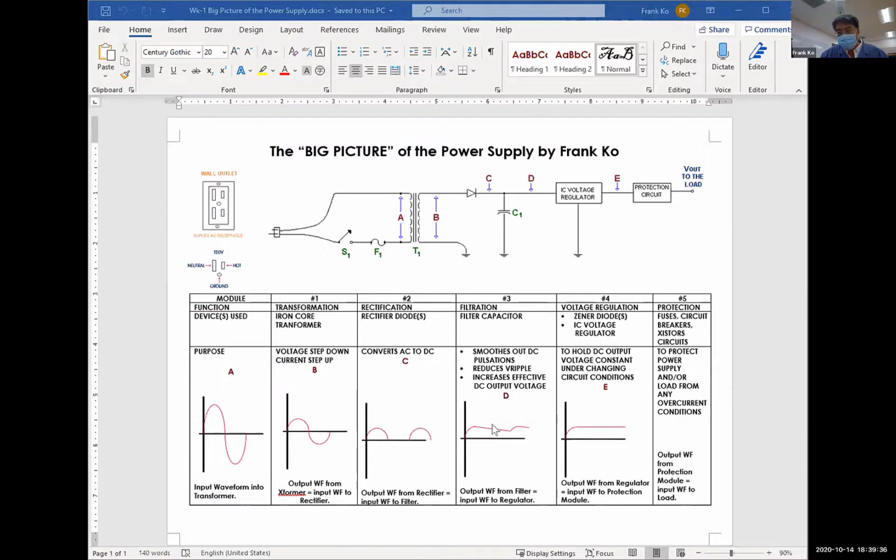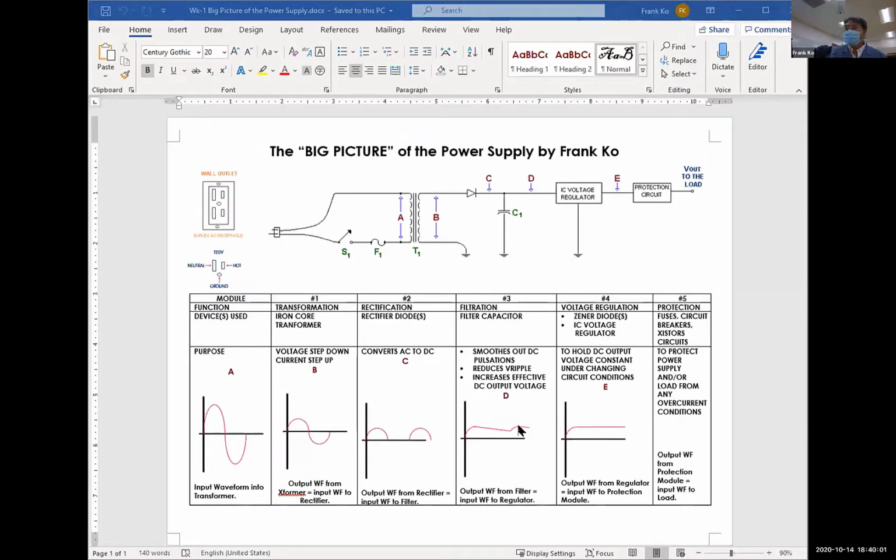If you take a look at the DC here, the DC would measure halfway between the peak and the valley. If the peak is here and the valley is here and the DC is right in between, wouldn't that be higher than in waveform C? Okay, that would be higher.